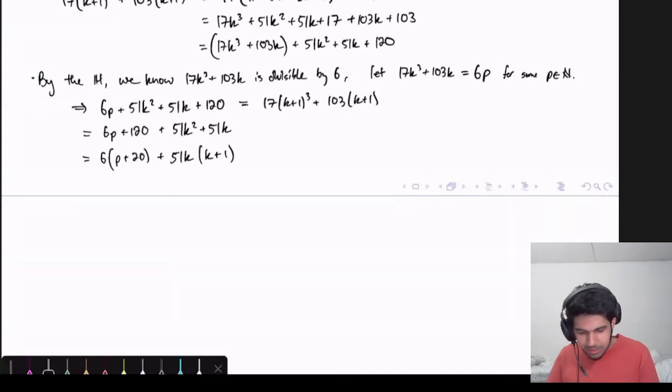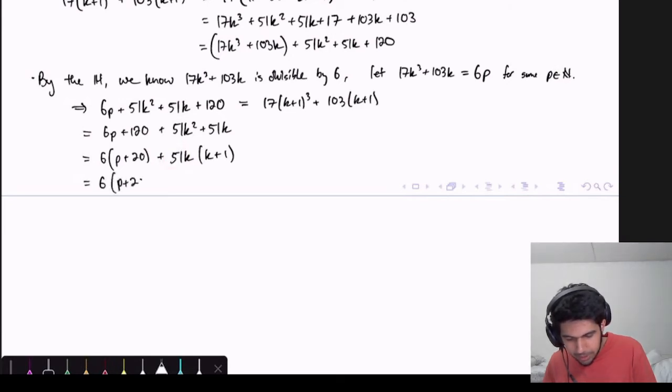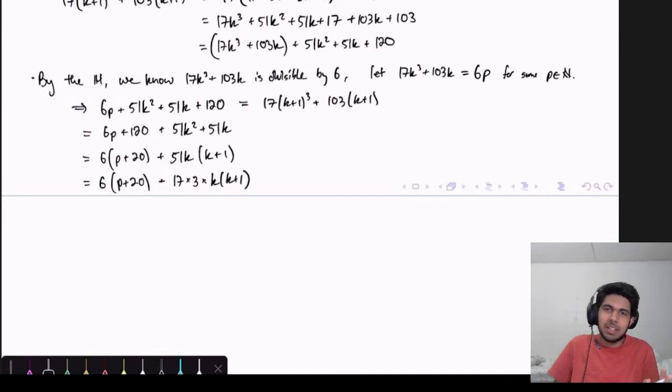But okay, let's take a look at this 51. We know that's equal to 3 times 17, so maybe that'll help us a little bit. Times k plus 1. And we're really close to being there. Might not look like it, but this is divisible by 6, or this is 6 times something.